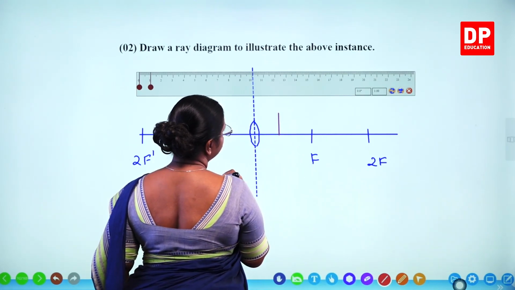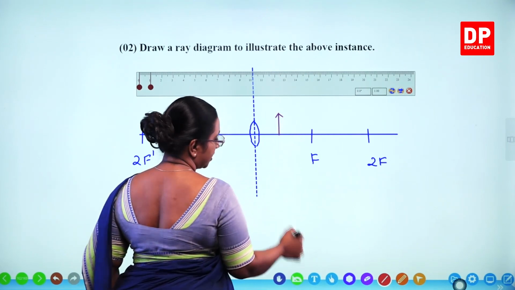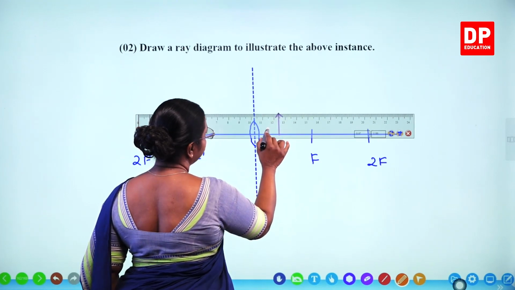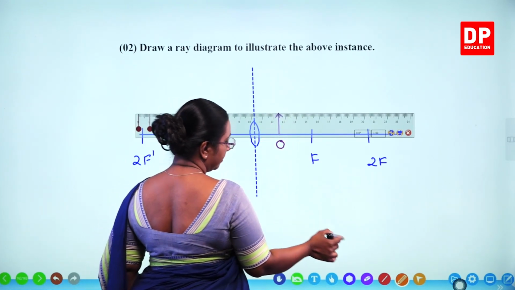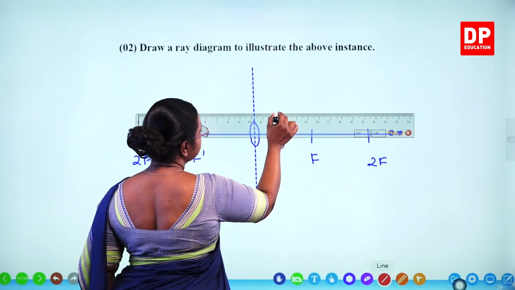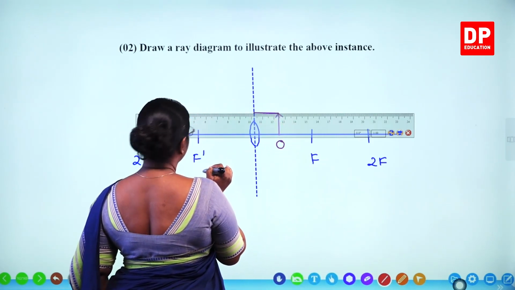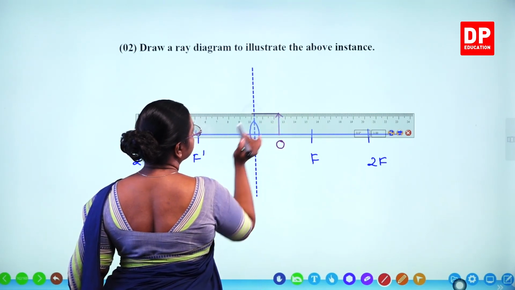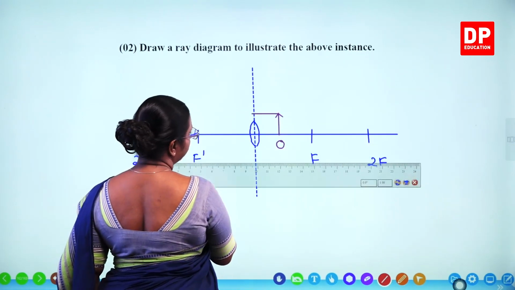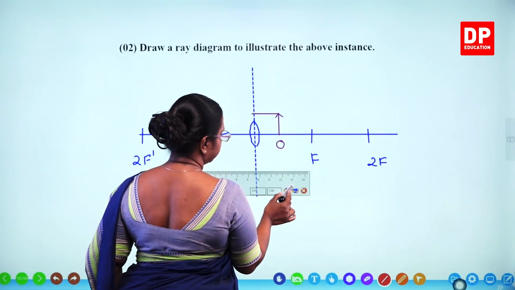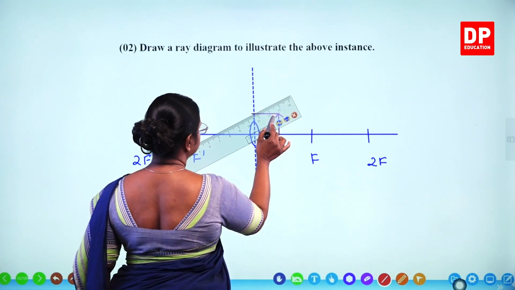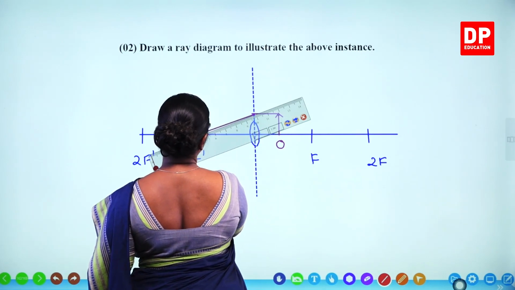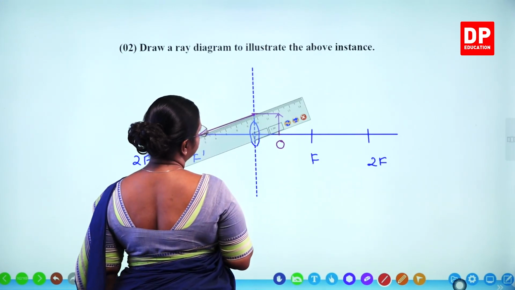So to do that, I will draw the object somewhere here. So we have the object there. First we will draw a ray that is coming parallel to the principal axis. So that will refract through the focal point there.